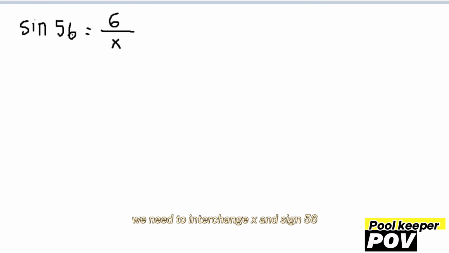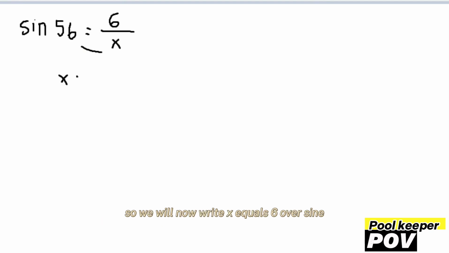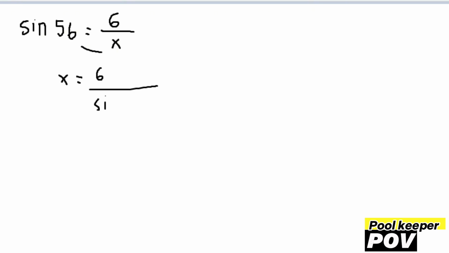So to solve this, we need to interchange x and sine 56 so that x will go to the other side of the equal sign. So we will now write x equals 6 over sine 56 degrees.